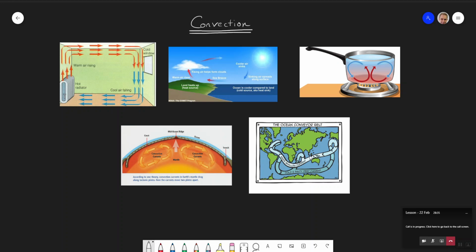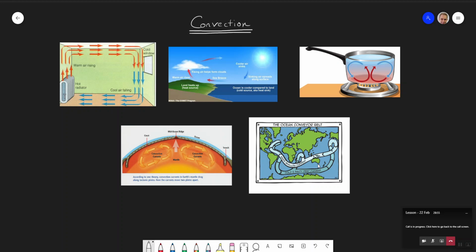And we've even got things going on in the entire ocean. The entire ocean is a giant conveyor belt led by convection, which transports energy between the warmer waters around the equator to the colder water out towards the poles.